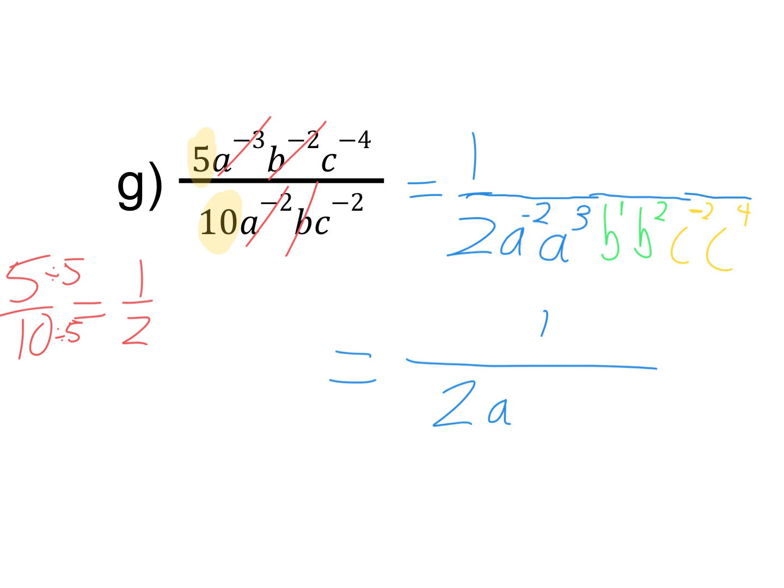I add the exponents, so it would be -2 plus 3. And then with b, I have b, and then I'll add those exponents, so 1 plus 2. And then c will be -2 plus 4. So all I'm doing is I am adding the respective exponents for each different variable.